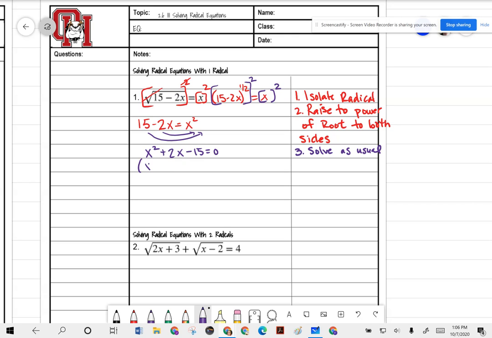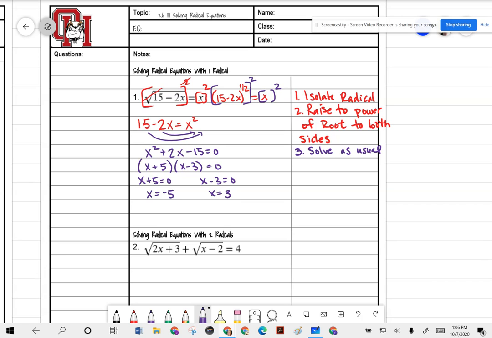I do believe it is. It would be x plus 5, x minus 3. And then I can go ahead and solve, and I would get x plus 5 equals 0, which means x is equal to negative 5. And then I also get x minus 3 is equal to 0, and x is equal to 3.